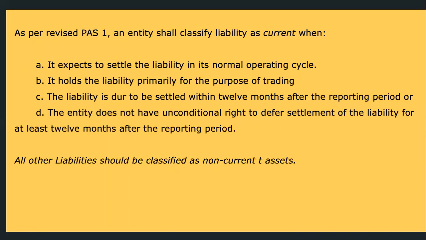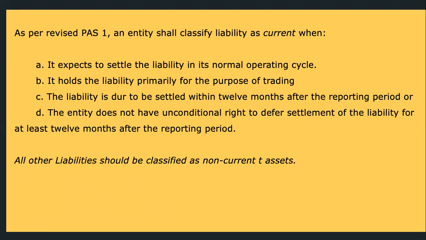So if the liability is due or to be settled within 12 months after the end of the accounting period, and the entity does not have an unconditional right to defer settlement of the liability for at least 12 months after the reporting period, therefore, the account is classified as a current liability.